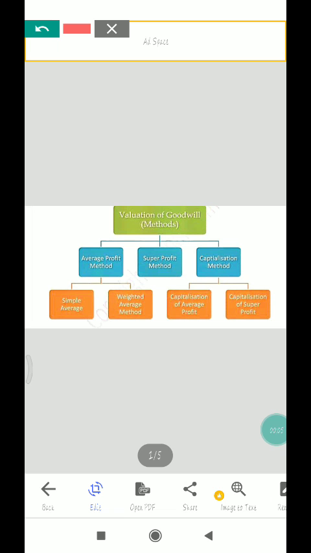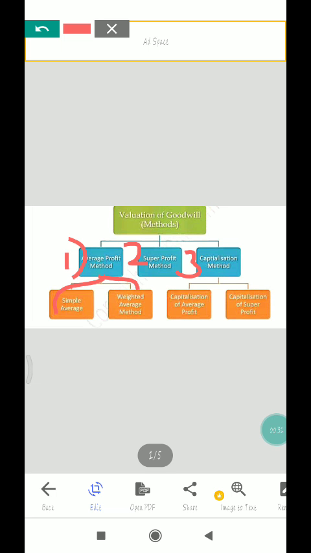In this class, we will discuss the methods of valuation of goodwill. There are three different methods to calculate the value of goodwill. The first method is the average profit method. There are two sub methods in this method: simple average method and weighted average method. The second method is the super profit method.